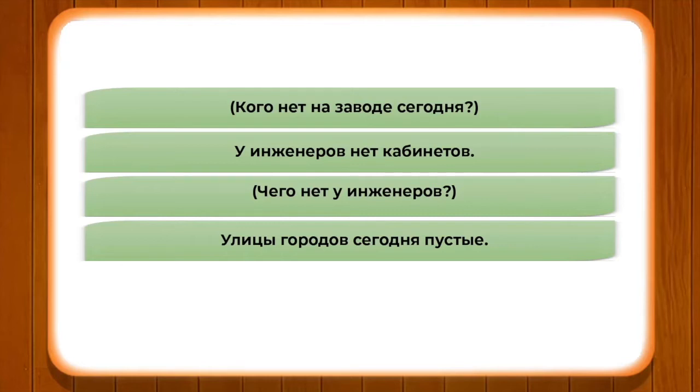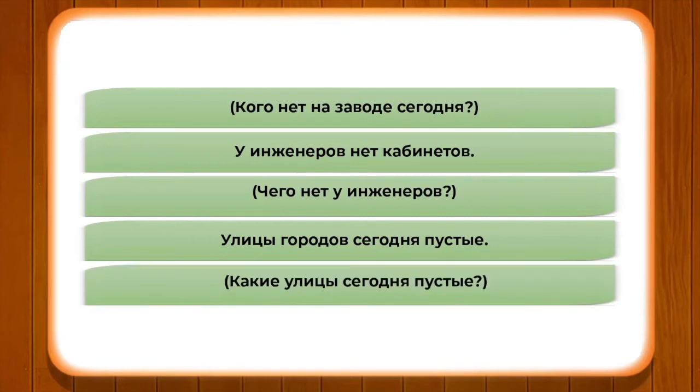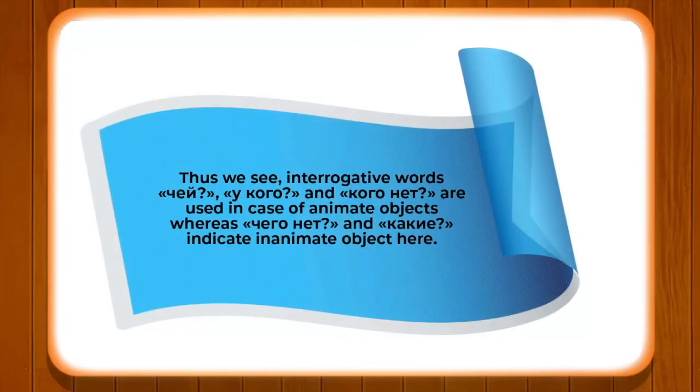Here we have used the question какие. Какие улицы сегодня пустые? Улицы городов. So, accordingly, we see that the interrogative words чей, у кого and кого нет are used in case of animate only, whereas чего нет and какие indicate inanimate objects here.